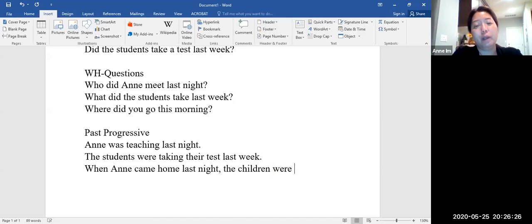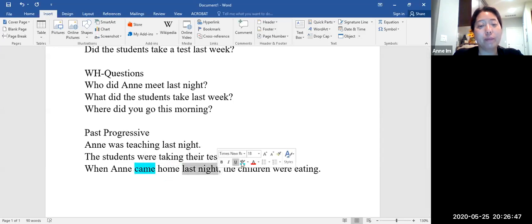Okay, so this is the time. Remember, when we use this simple past, we have to use a specific time, right? So this is my time clause. In my time clause, you can have a verb. Here I use simple past, right? And I have the time, last night.